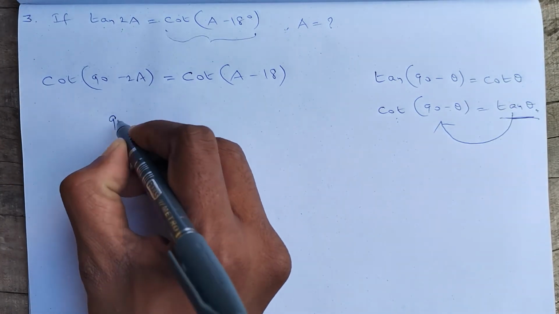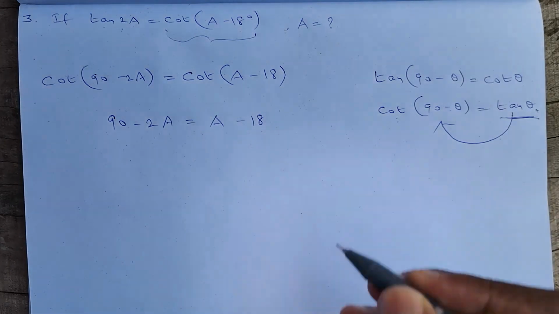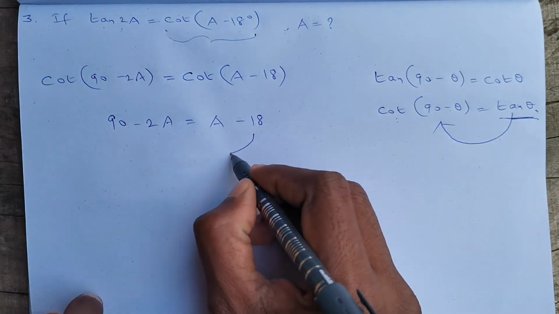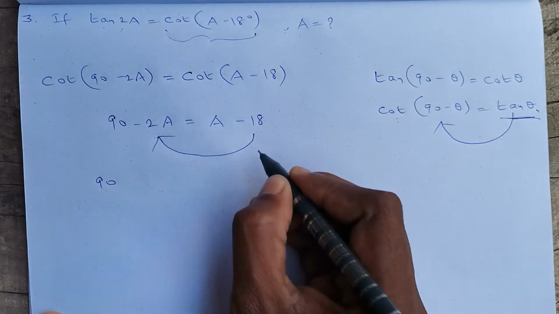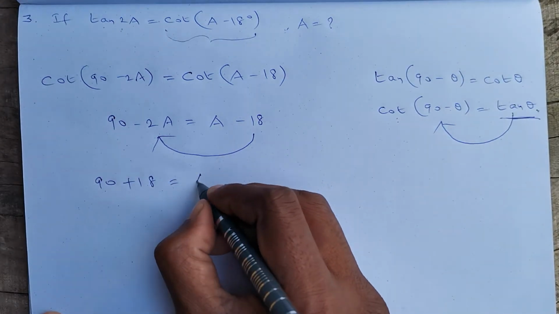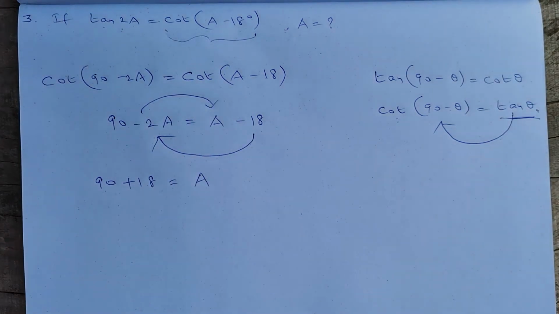Now we can compare the angles. 90 minus 2A equals A minus 18. I will take alphabets to one side and numbers to one side. Minus 18 I'll bring to the left side. Already 90 is there. Now this minus 18 will become plus 18, which is equal to A, as it is, and minus 2A I will take to the right side, so it will become plus 2A.